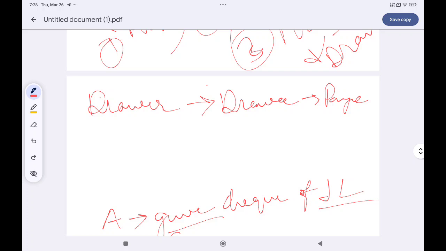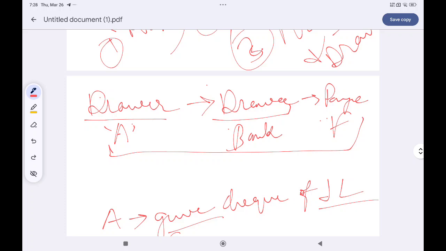There are three basic steps. First, the drawer writes a check. Then in the middle there has to be a bank, and then the person who receives the money ultimately, that is the payee. When this type of process happens, we call it a check transaction.